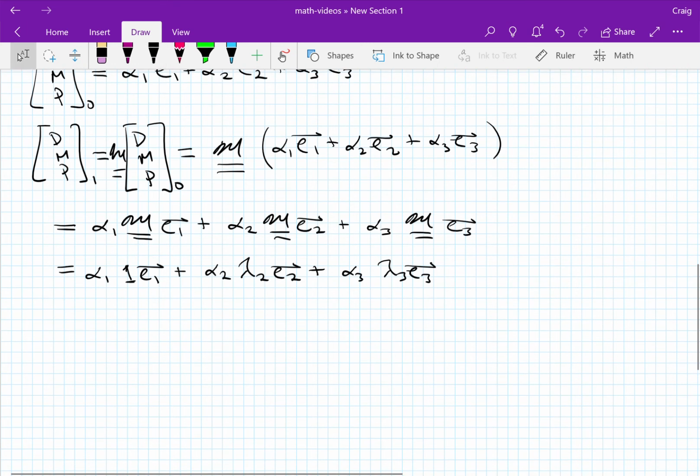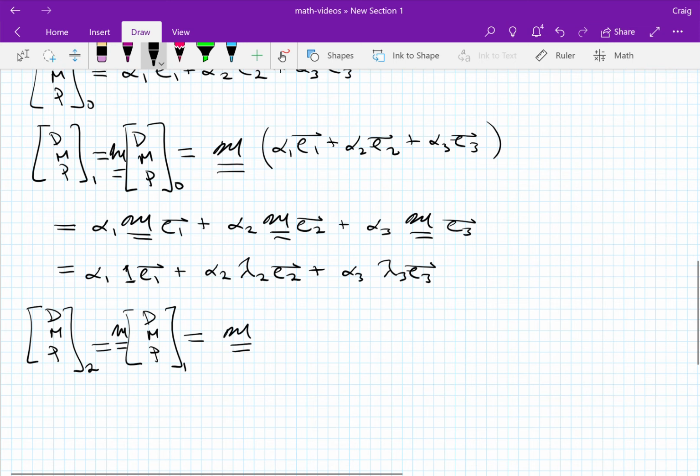Then, if I want to go to the next year, DMP2, which is DMP1 pre-multiplied by the matrix, that's going to be M acting on our previous result.